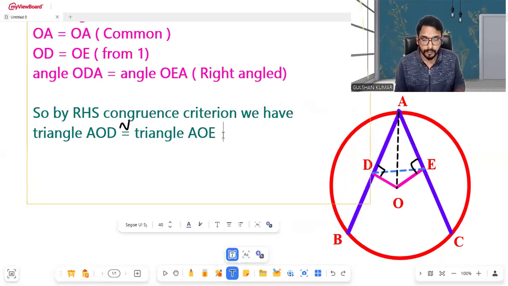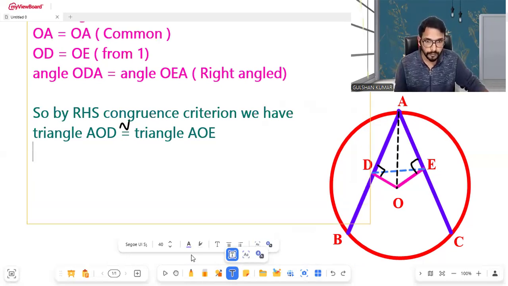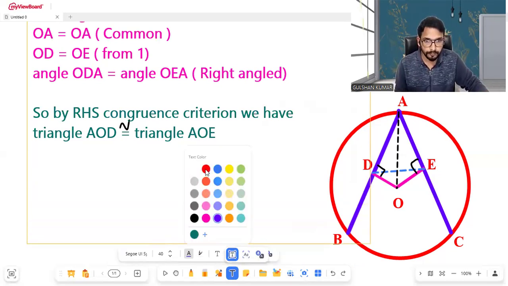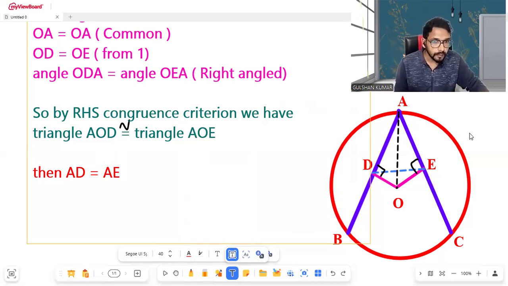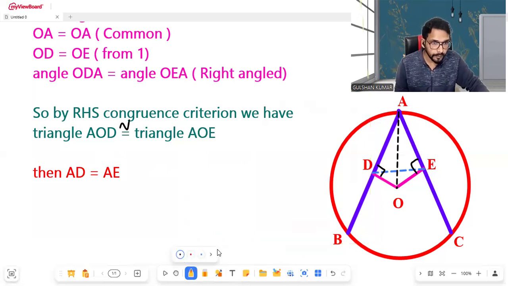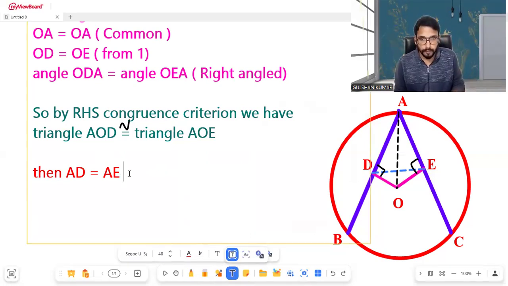So when these two triangles are congruent, then AD equals AE, by CPCT.